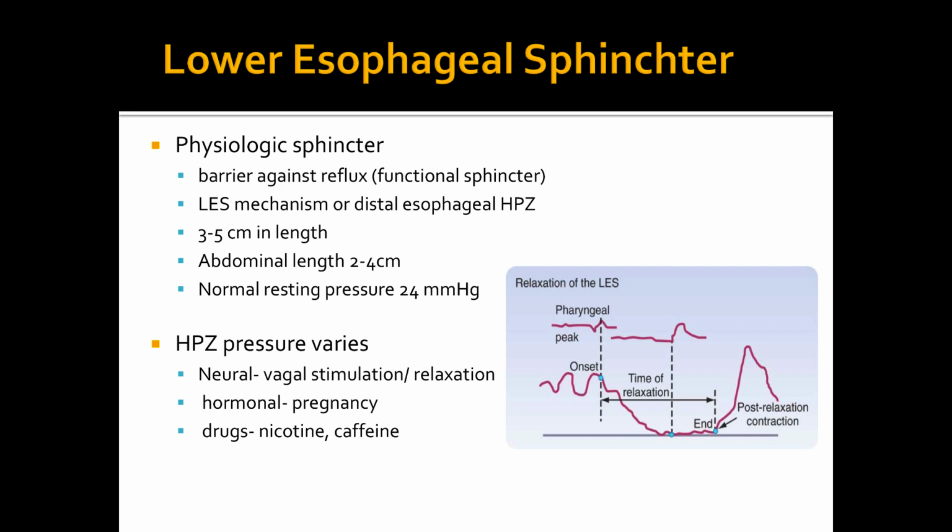The lower esophageal sphincter, which is probably one of the more common regions that we worry about, or how patients present, it is a physiologic sphincter. There is no muscle like the upper esophageal sphincter that defines this area. It acts as a barrier to reflux.